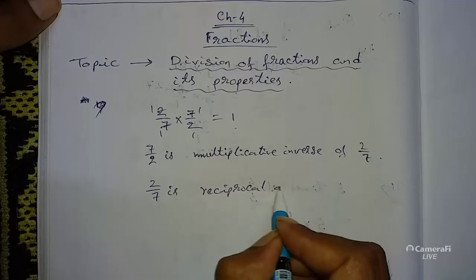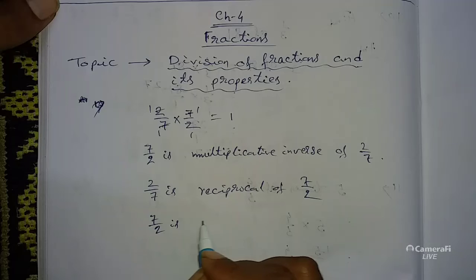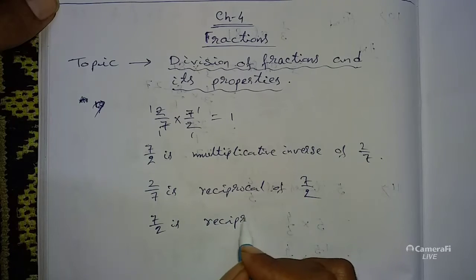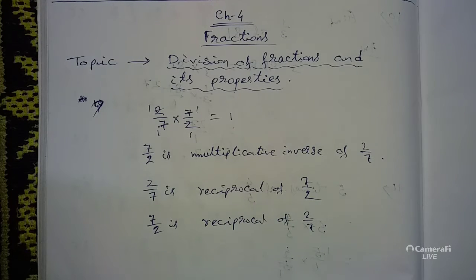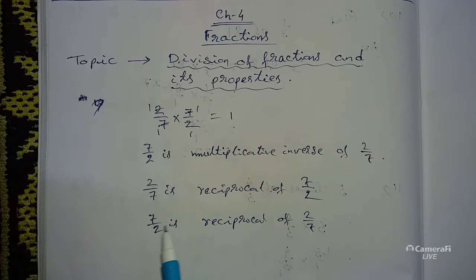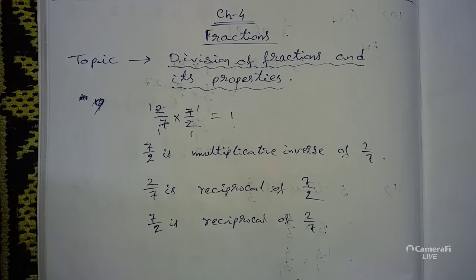That means we just have to reverse the fraction between its numerator and denominator. If 2 by 7 is the fraction, then the reciprocal is just 2 by 7 reversed. If 7 by 2 is the number, then just reverse it, you get the reciprocal 2 by 7 in this way.